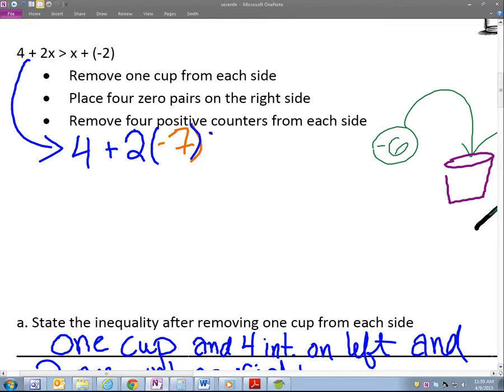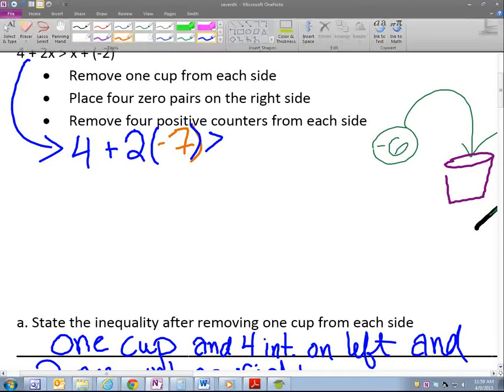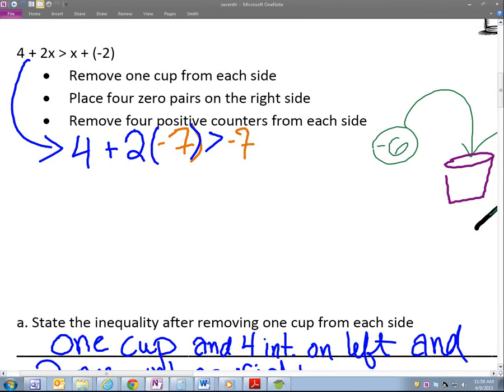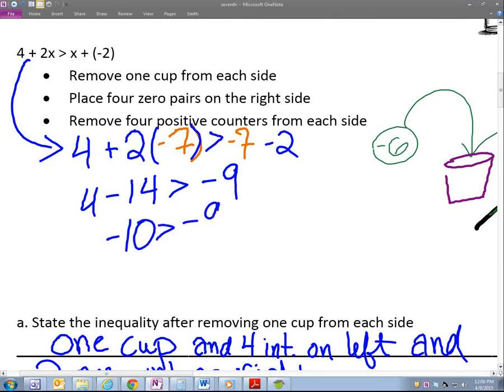So let's work this out. We got 4 times -7 minus 2 is greater than -9, which is going to be -30 is greater than -9.